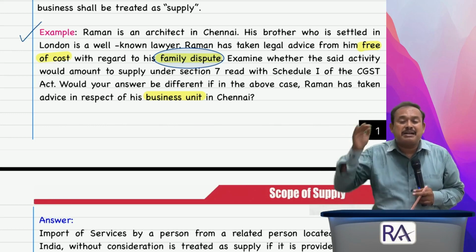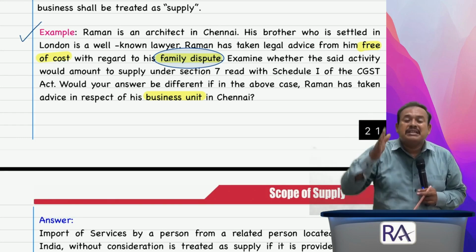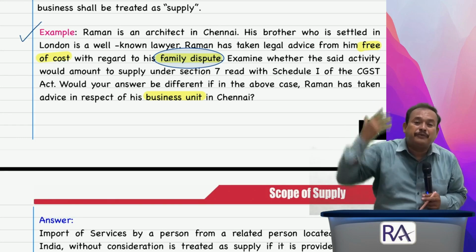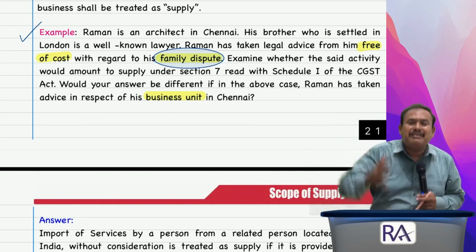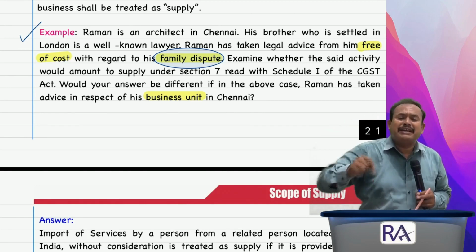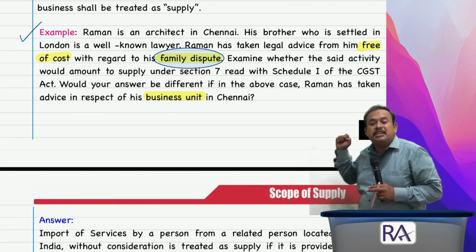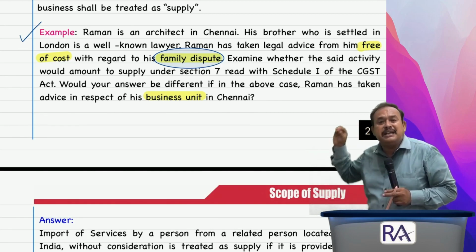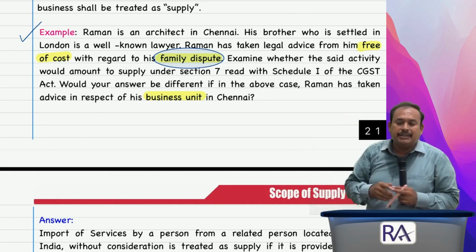If they are not related persons, it is not going to be covered under Schedule 1, point number 4. Since it is not covered, the transaction will attract GST only when there is a consideration. In the given case, there is no consideration, not even a kind consideration. Therefore, this particular transaction, even though imported for the business purpose, does not attract GST.